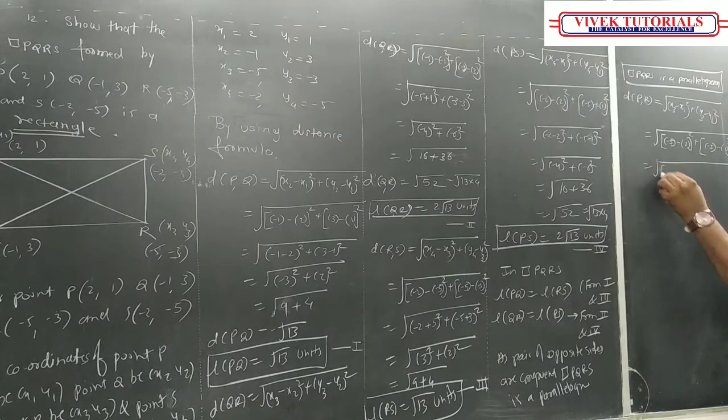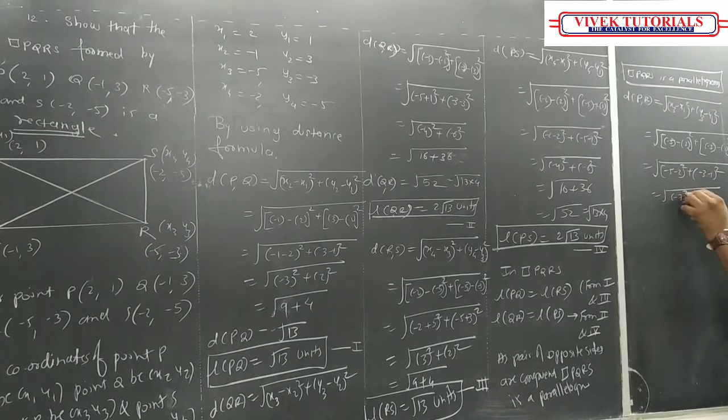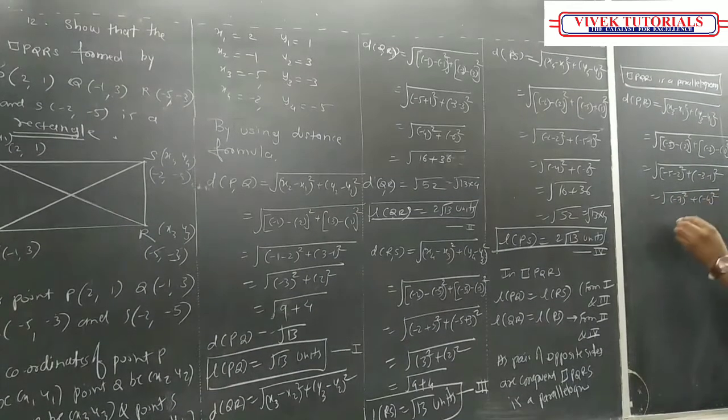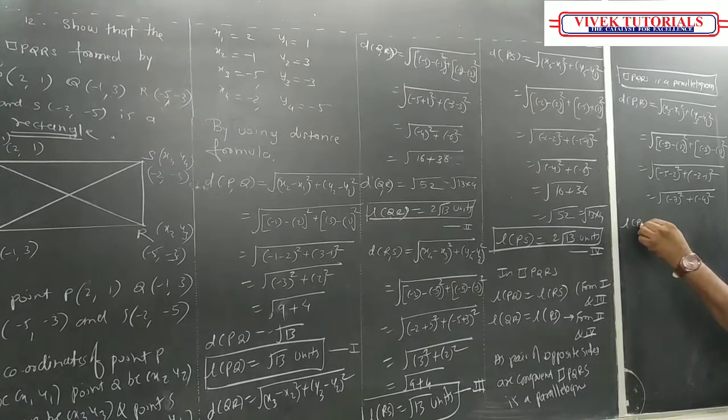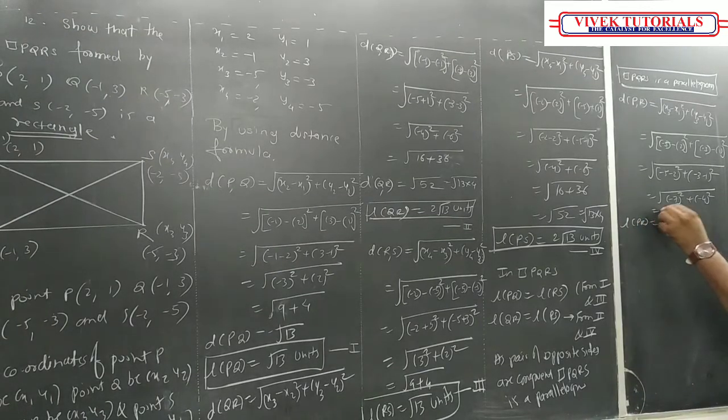That is minus 7 the whole square plus minus 4 the whole square. So length PR is equal to 49 plus 16, which is 65, so root 65 units. That is equation number 5.